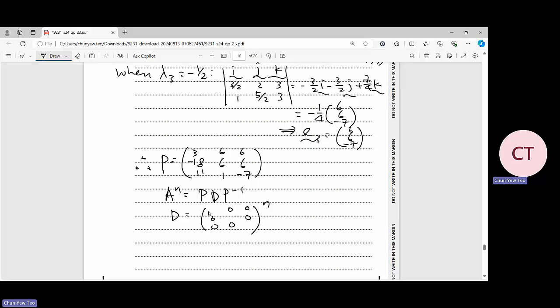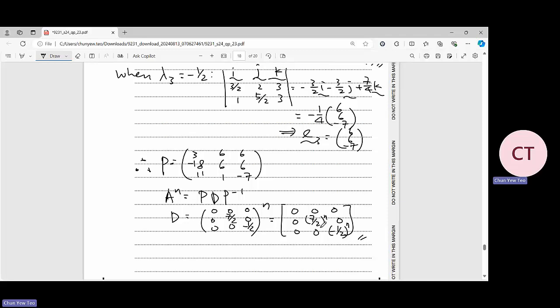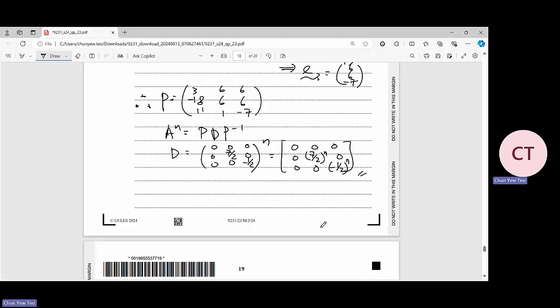Lambda 1 just now is 0, lambda 2 is 7 over 2, and this is negative half. So at the end, your answer will be like this: 0, 7 over 2 power n, negative half power n. That will be your D. Okay, that will be the answer for question number 8.